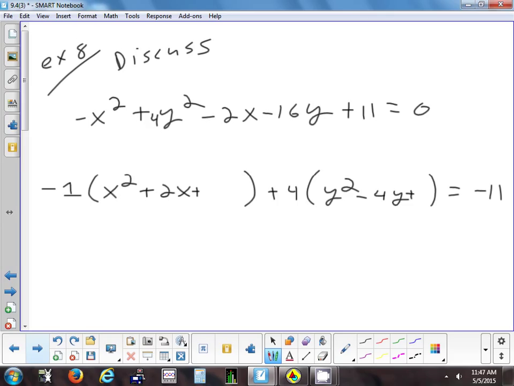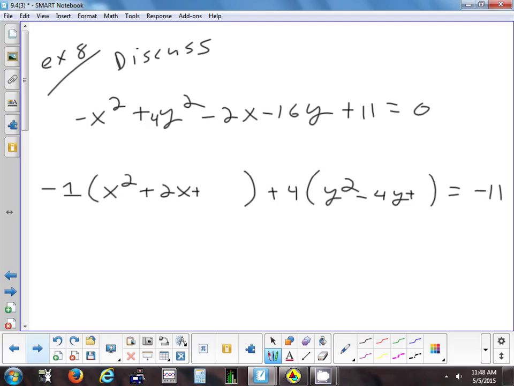Okay, Cody, what am I going to add in the first parentheses? Okay, how did you get that? What did you do? I don't know. Gotcha. Anyone help him out? What are the 2 steps you have to do to complete the square? Yeah.